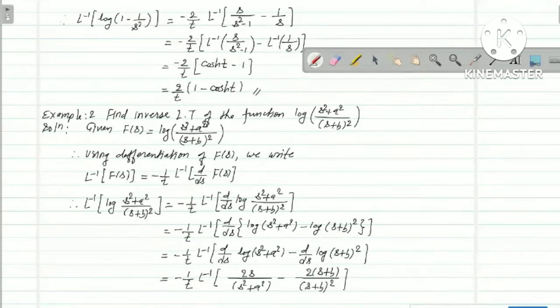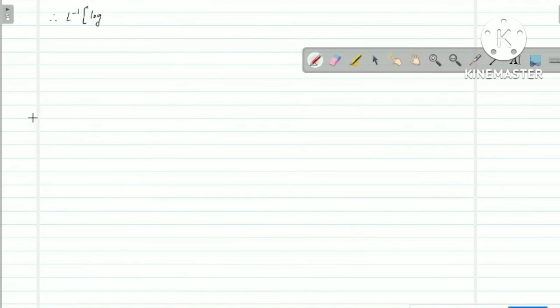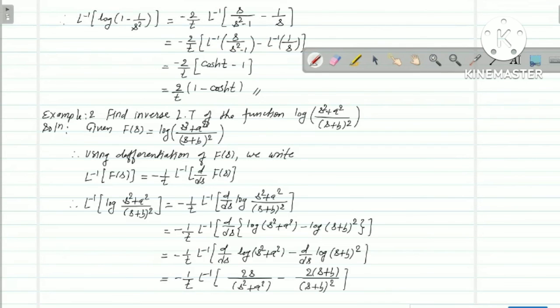Let us move to the next page. So L inverse of log of s square plus a square divided by s plus b the whole square. Is this your function right? Okay, then we will take 2 outside because 2 is common in each term.